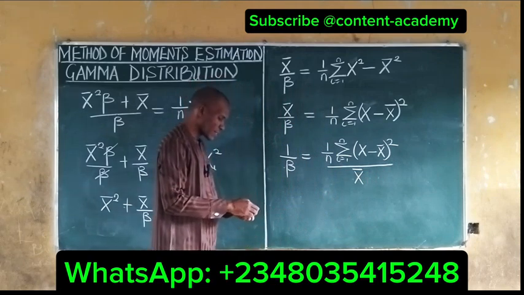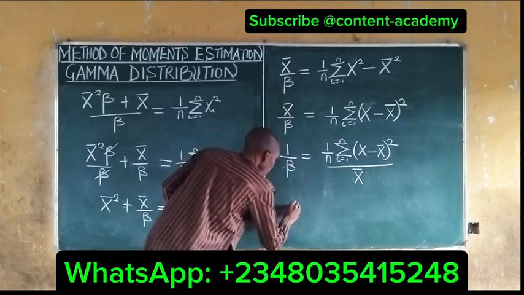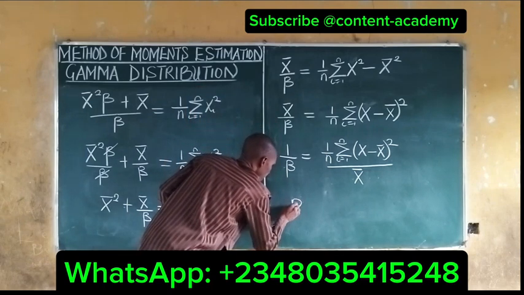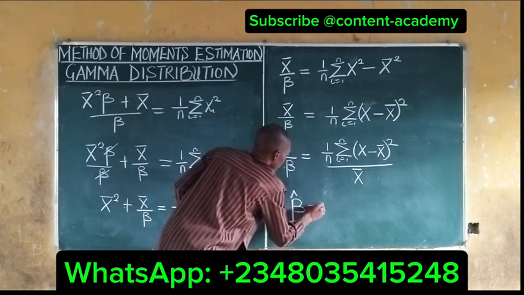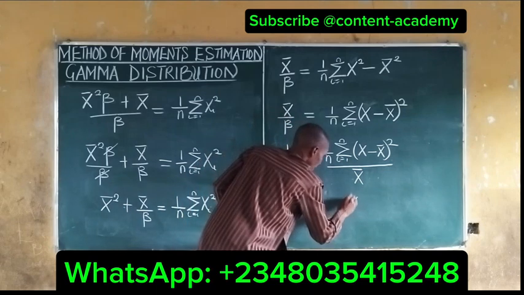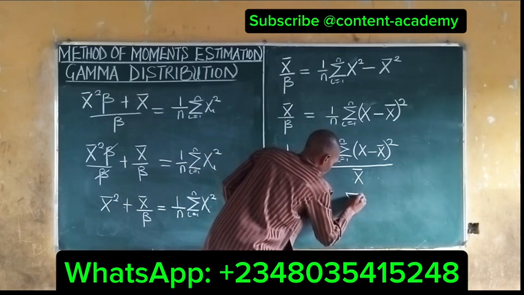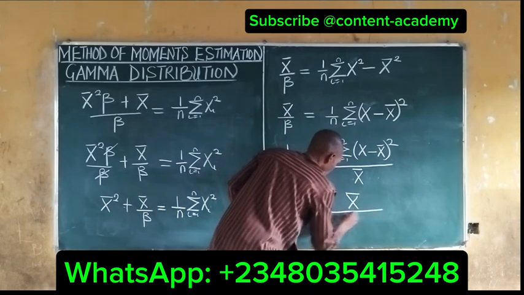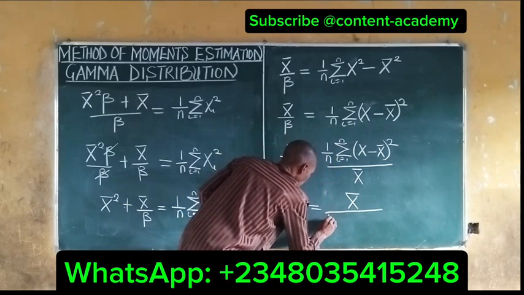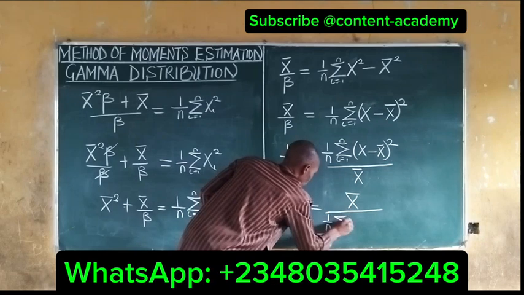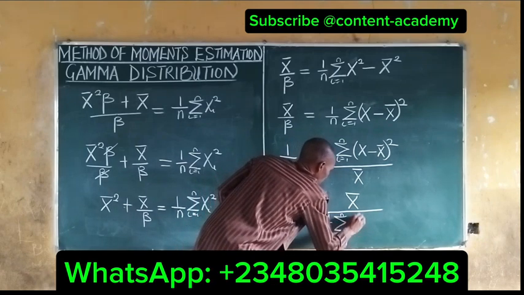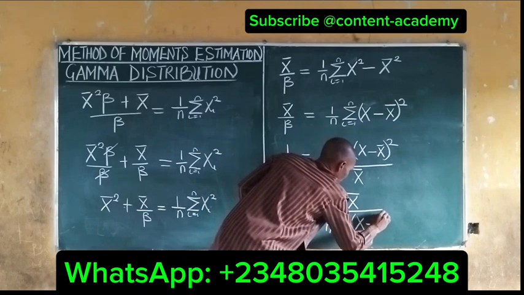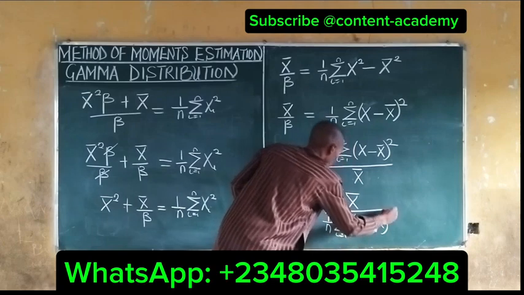So it then means that our beta estimate can be written as x bar all over 1 all over n summation of, as i running from 1 to n, xi minus x bar squared.